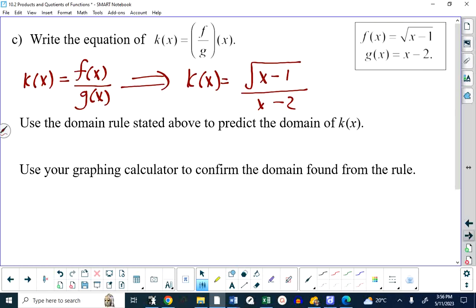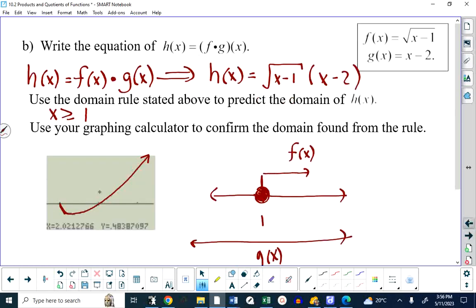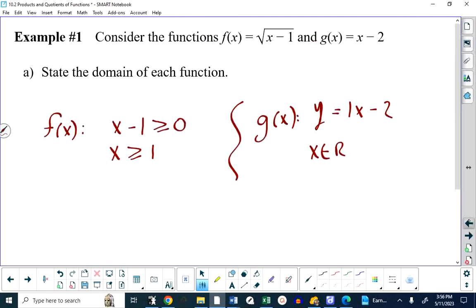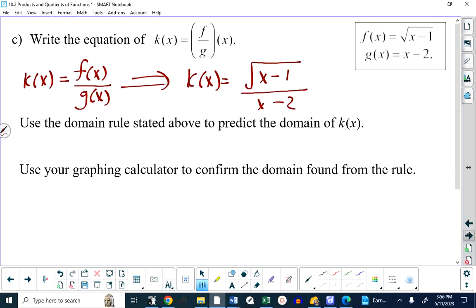Well, if we go back and take a look at B, particularly this region, these line graphs for f of x and g of x for their domain led us to the conclusion that x is greater than or equal to 1. Those two functions both exist when x is greater than or equal to 1.